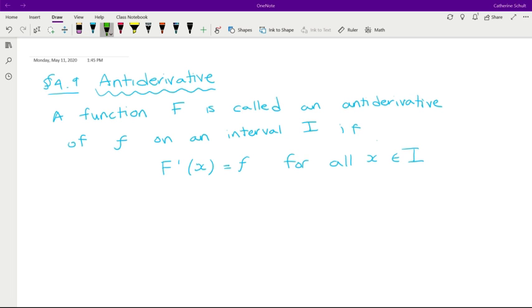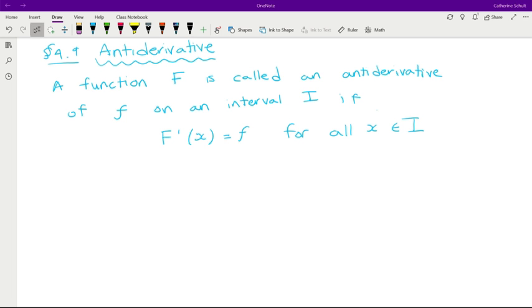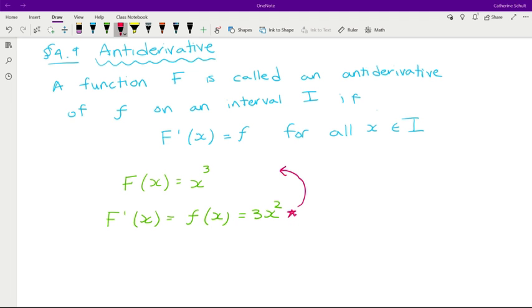Okay, so let's look at a quick example. Let's say big F is equal to something like x cubed. Then little f would be the derivative of that function. So little f in this case would be 3x squared. Normally in this section and in chapter 5, we're going to start with the little function and go backwards to figure out the antiderivative.